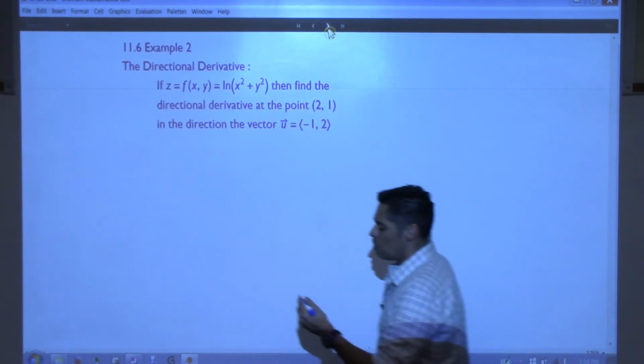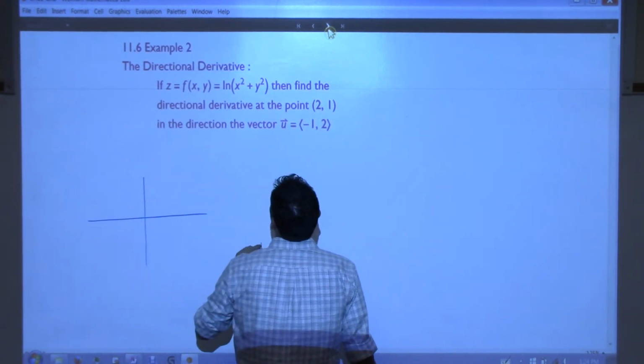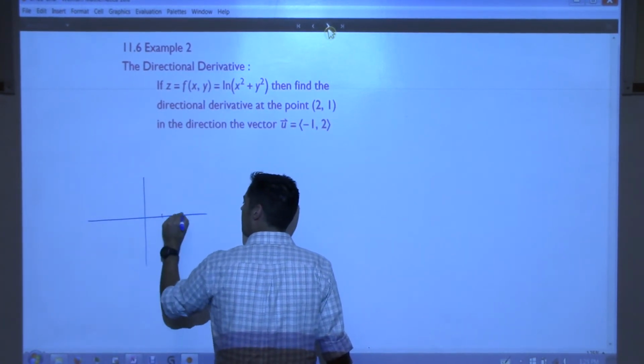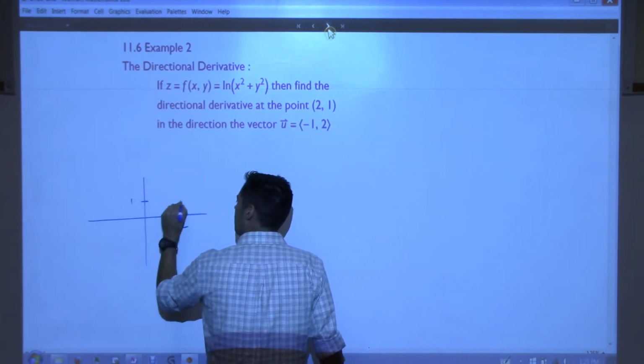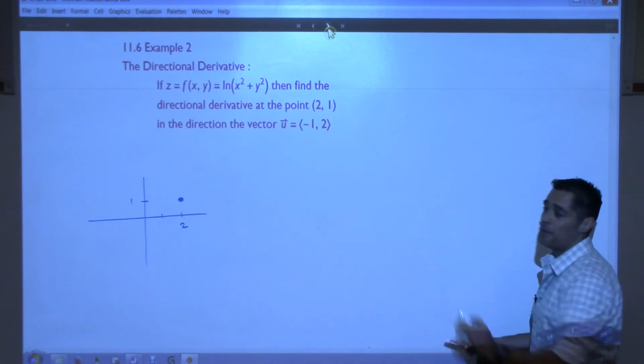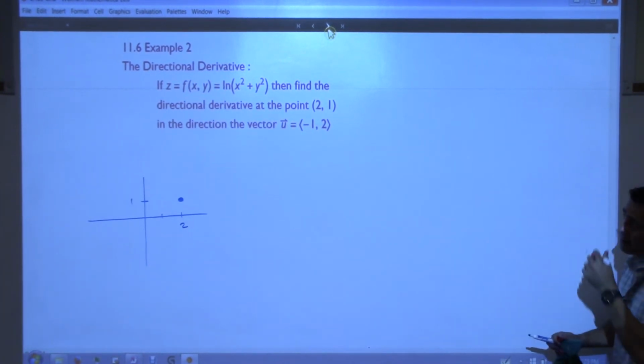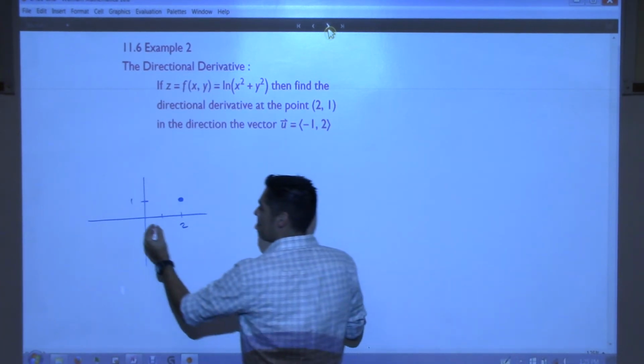So I'm going to go back. I'm going to draw the domain again. The point that I'm at is 2, 1. The direction vector, which is completely separate from the point, has nothing to do with the point, is the vector negative 1, 2.